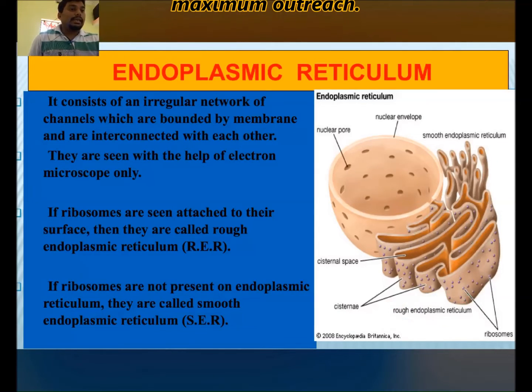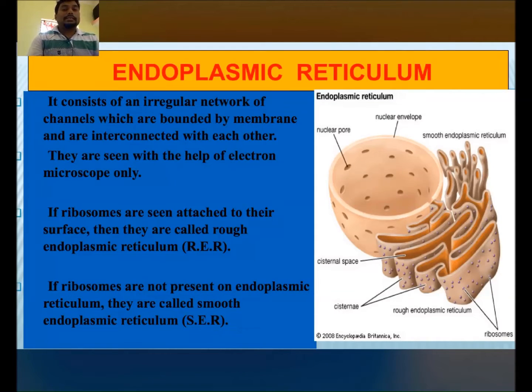You can see here tiny ribosomes are present, and it is very important because ribosomes are the sites of protein synthesis. So this endoplasmic reticulum helps in protein synthesis because of the presence of ribosomes on their surface.